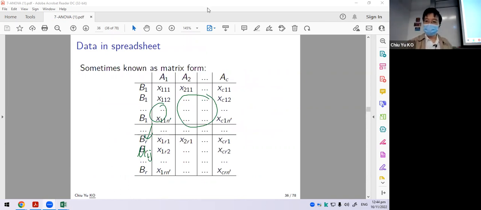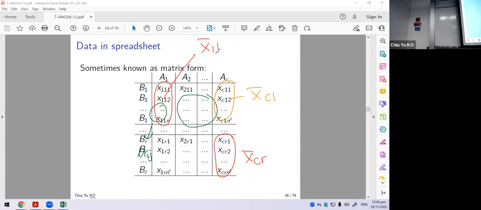If I look at the red one, this will be X bar CR. This will be X bar C1. Say I have a red here, the average of this will be X bar 1,1. Is that clear how you can calculate these means within?